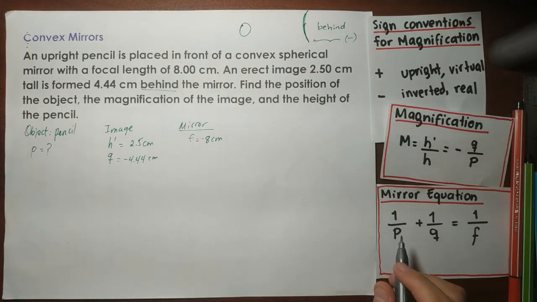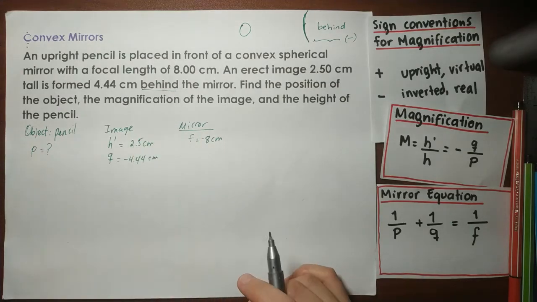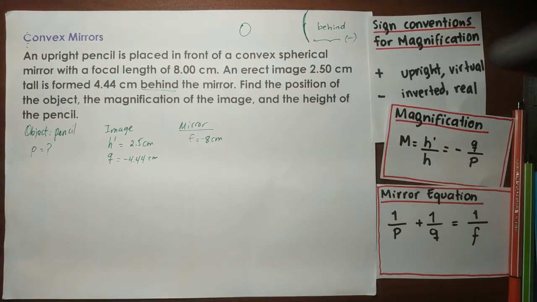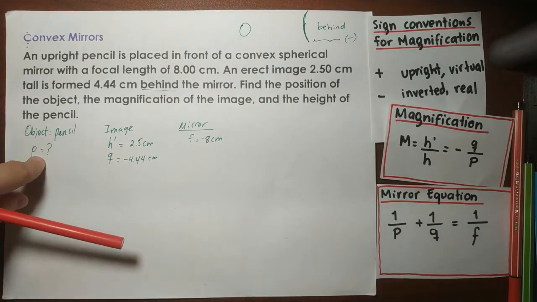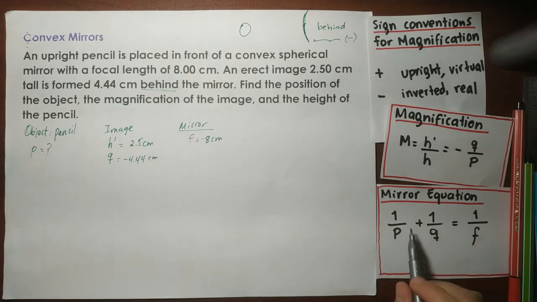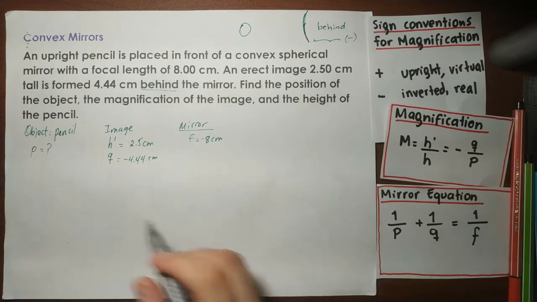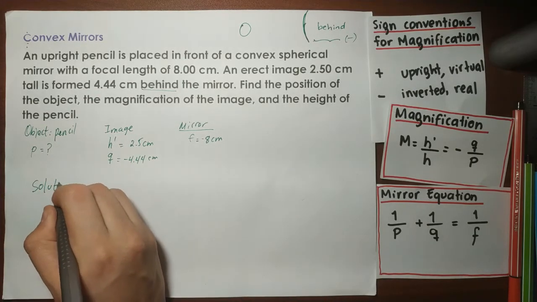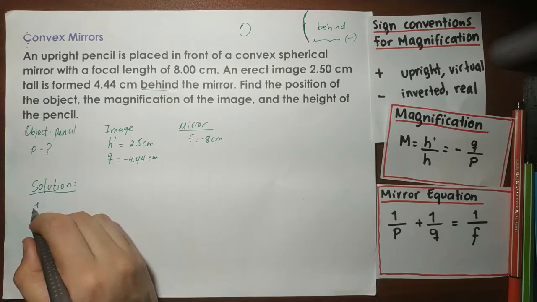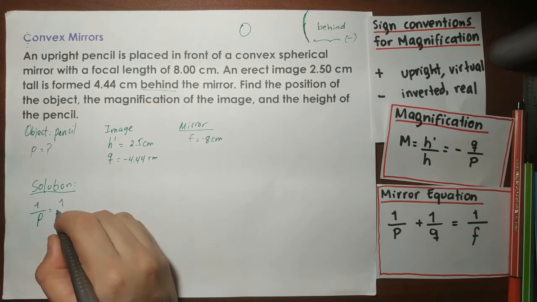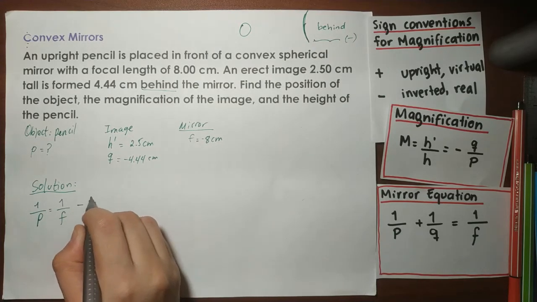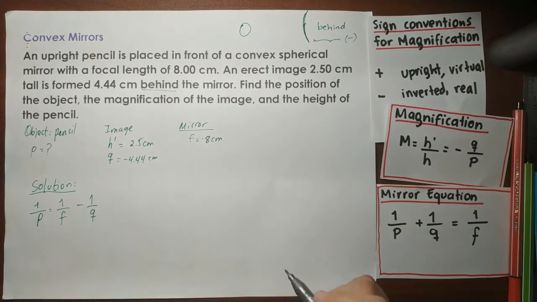Now, what do we know? We know all this. So first of all, we need to focus on what is given and what is requested. We need to find P. And the equation that allows us to find P is the mirror equation: 1 over P plus 1 over Q equals 1 over focal length. So isolating for P, 1 over P is going to be equal to 1 over the focal length minus 1 over the image distance.